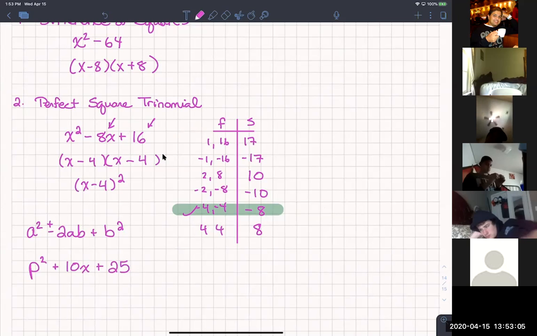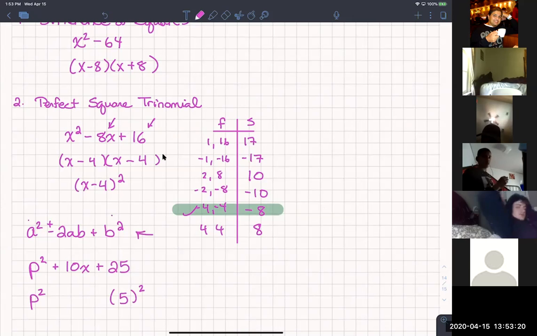Now, I know it's a perfect square trinomial because this is p squared, and the last term is 5 squared. So the first term is a perfect square, the last term is a perfect square, and the middle term is either positive or negative, and it's 2 times the square root of the first term, which is p, times the square root of the last term.